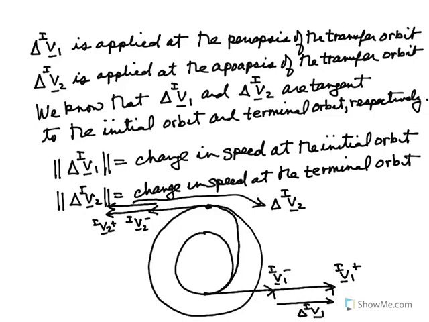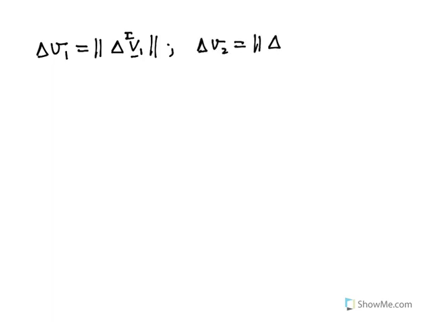So you can see from this that it's clear that the change in speed, which is delta V1, has to equal the magnitude of delta V1. And similarly, delta V2 has to equal, the change in speed has to equal the magnitude of delta V2. Now that's not true in general, because if the two vectors are not in the same direction, the difference in the speed is not going to equal the magnitude of the impulse.